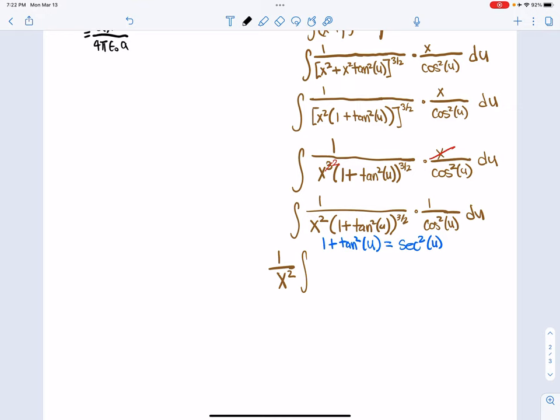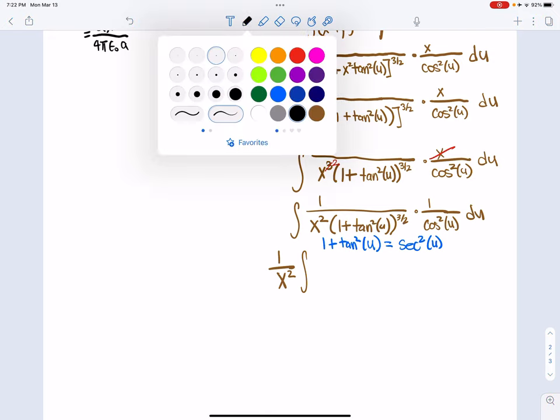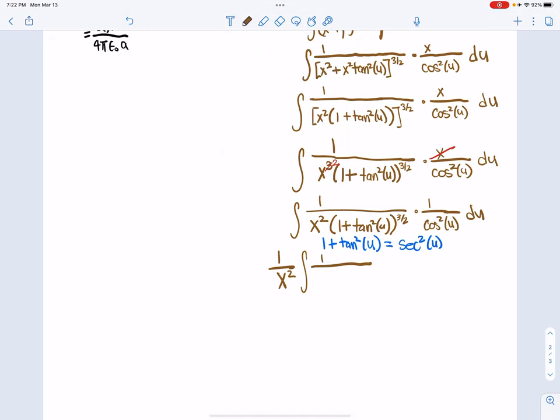So using that substitution, I'm going to go ahead and end up with 1 over secant squared of u to the 3/2, times 1 over cosine squared of u du.